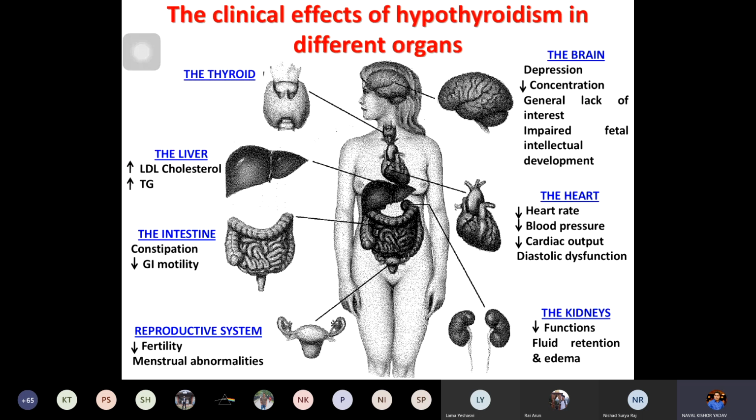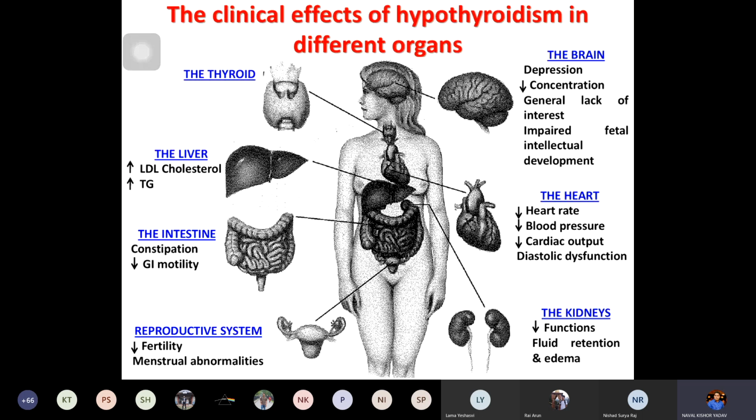You can start from the liver. On the left side you can see in the liver an increase in cholesterol, LDL cholesterol and triacylglycerols. In the intestine there is constipation and decreased GI motility.